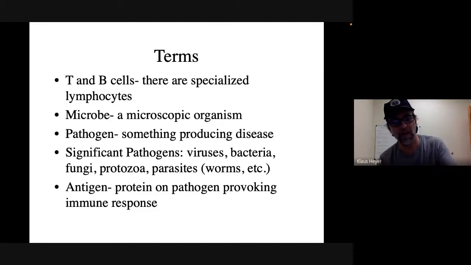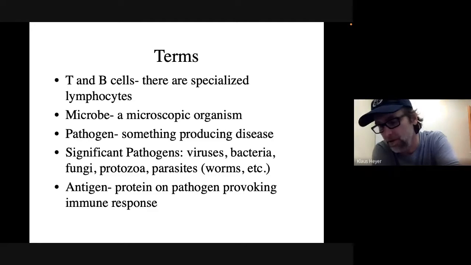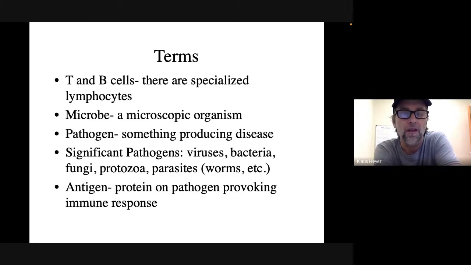But sometimes these words get used interchangeably, because when we talk about pathogens, we're mainly talking about viruses or bacteria. The vast majority of infections for people, especially in this country, are going to be viruses or bacteria. But that's not the only thing. There are fungal infections, but they're not typical.